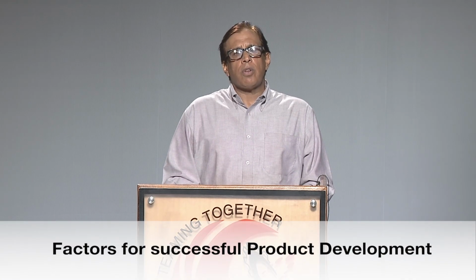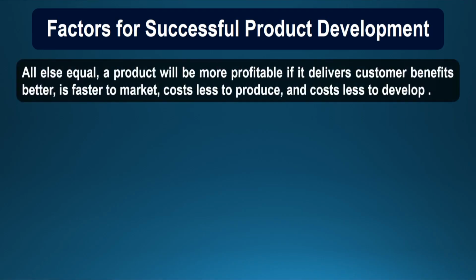The factors for a successful product development, however: you have to see what would be the factors where the product development is successful. So we have to look more or less that it has to be profitable. It delivers and is convenient to the customer and delivers the financial value to the company which is developing this new product.